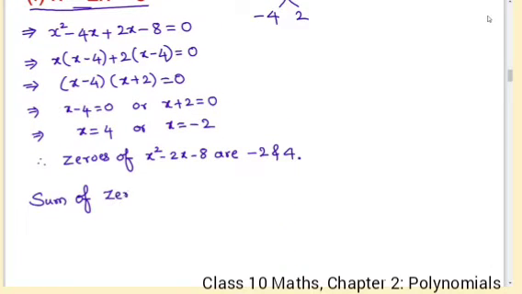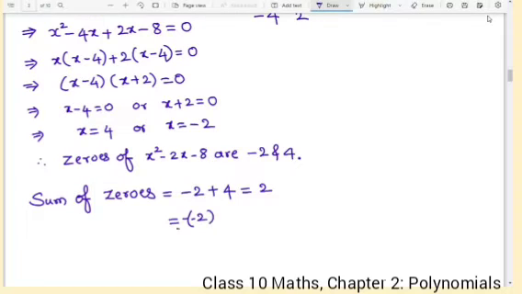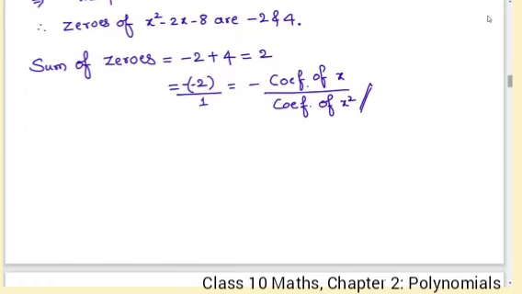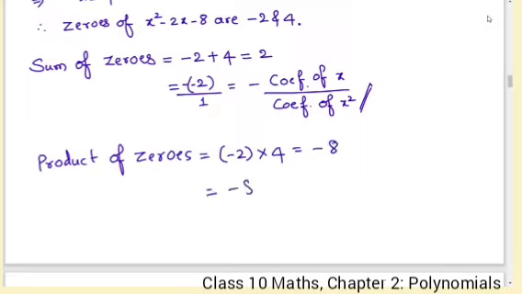Now find out the sum of zeros, which is equal to minus 2 plus 4, that is 2. Or you can write 2 as minus of minus 2 by 1, that is minus coefficient of x by coefficient of x square. Product of zeros: the zeros are minus 2 into 4, it is minus 8.